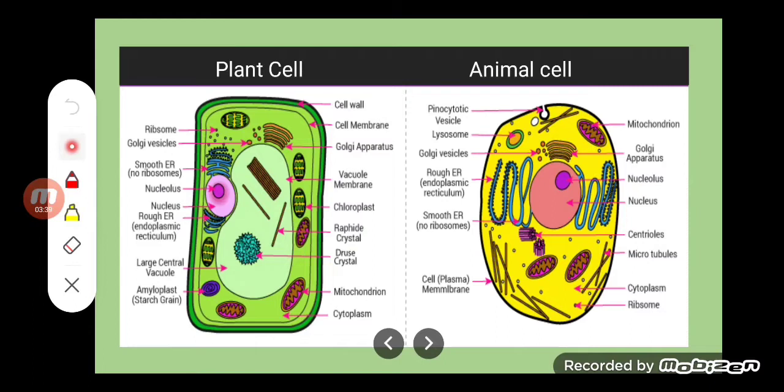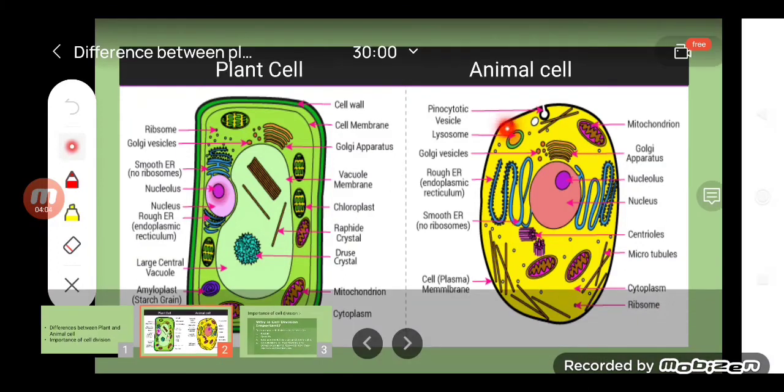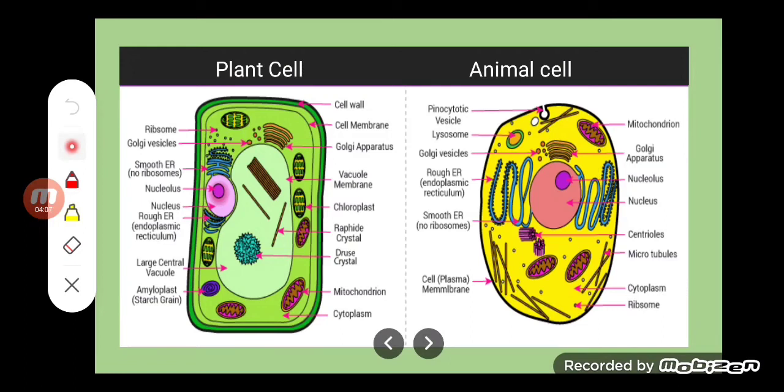Then near the nucleus, you can see the centrosome, which consists of two centrioles, and they help in cell division. But you cannot see any centrosome in plant cell. Then next, you can see lysosomes in animal cell, but we cannot see any lysosome in plant cell.